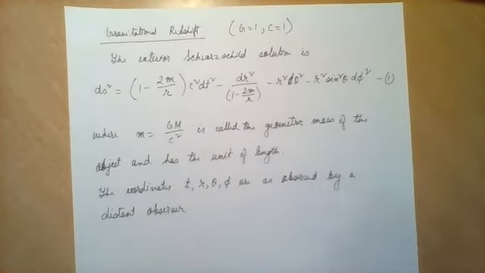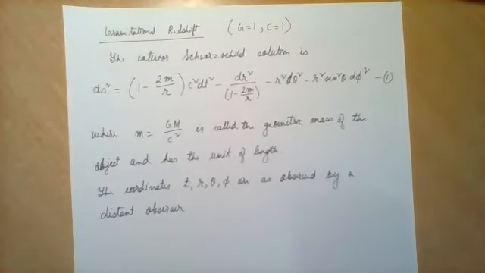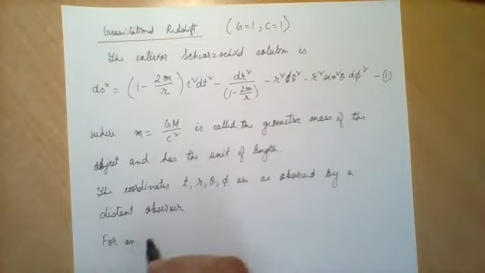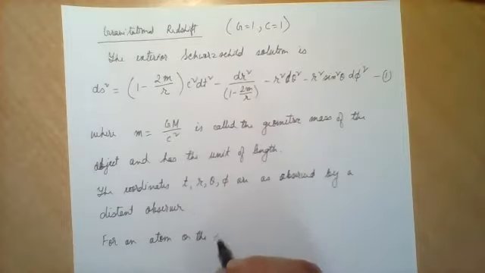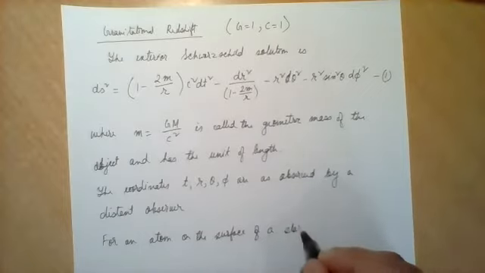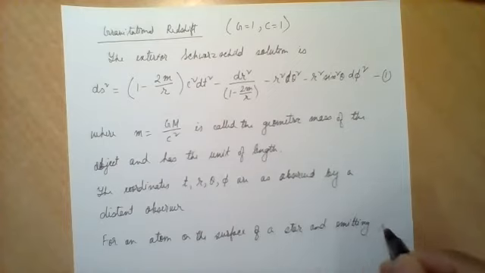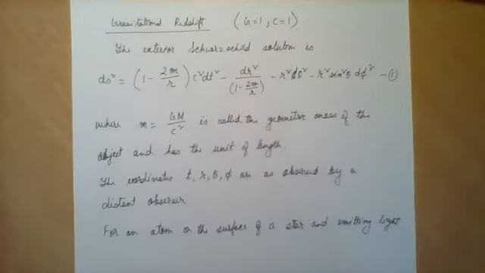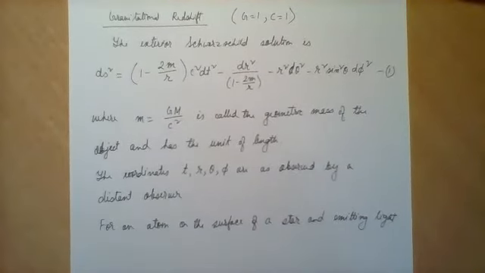Now let us consider an atom on the surface of the star, and that atom is emitting some light. For this atom, which is on the surface of the star, let us assume that this atom is not moving.